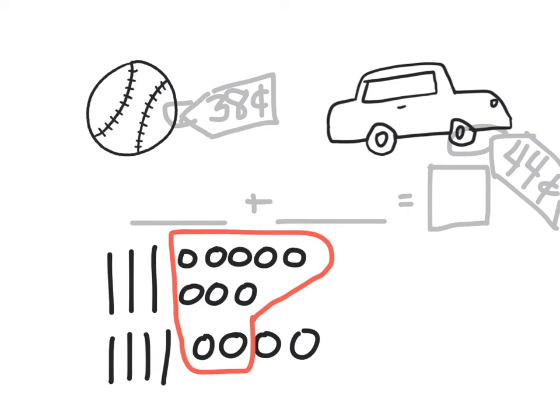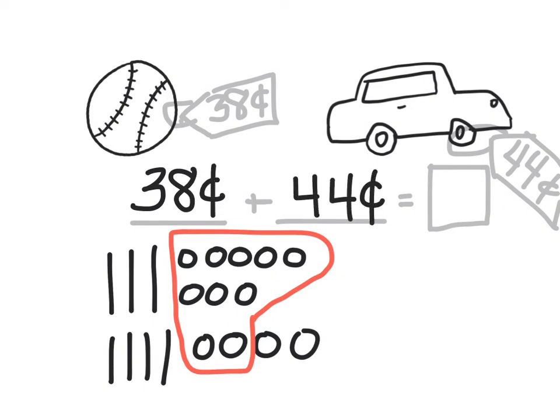We spent 82 cents shopping for a toy baseball and a toy car. So 38 cents plus 44 cents equals 82 cents.